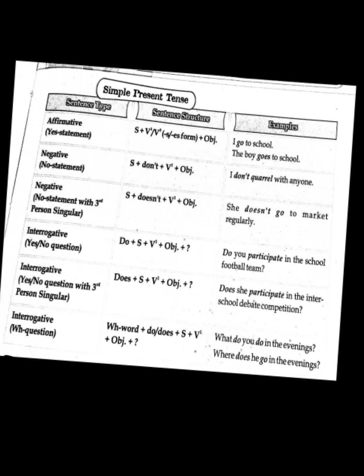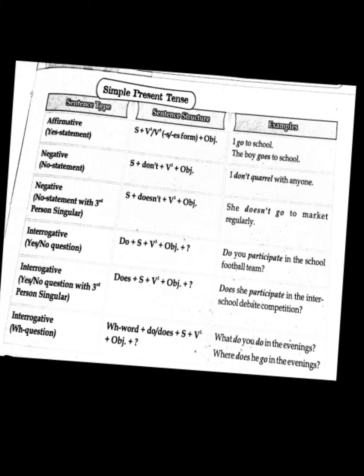Whenever I have negative sentence, my structure will be subject plus don't plus verb first form plus object. So example can be I don't quarrel with anyone. So here what we are using? Subject plus don't. Don't we are using for negative things. Okay. The next one, when we have third person singular, that time how can we use negative sentences? We can use subject plus doesn't plus verb first form plus object.